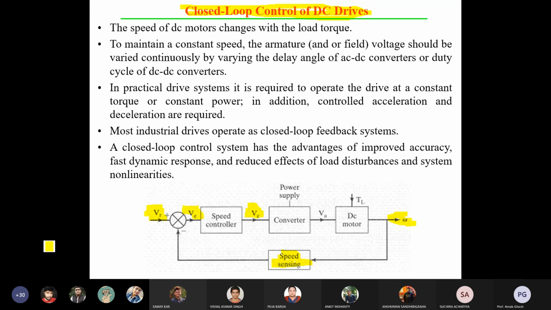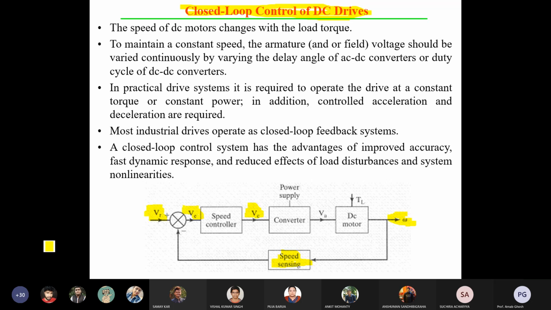So what you need to do, if the DC value is high, the condition will be like this: the DC value is greater than your triangular waveform, so you will get the higher value of PWM. The PWM voltage level is 1, and when the DC value is less than your triangular waveform, it should be 0, meaning the switch should be off.